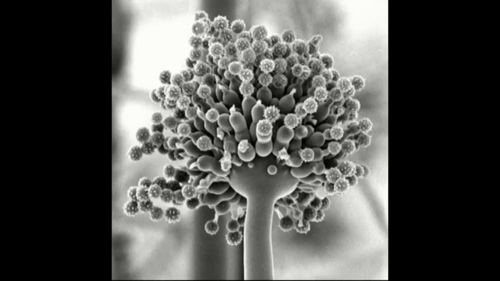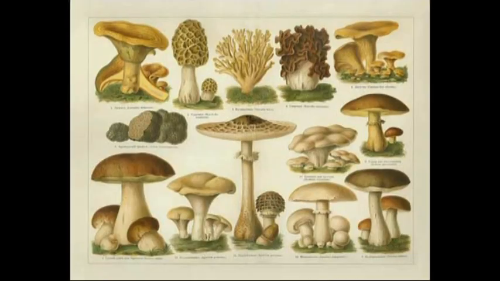An example of fungi is Aspergillus niger, and though fungi are microscopic in nature, there is a certain group of fungi which we can see with our naked eye. Example, mushrooms.